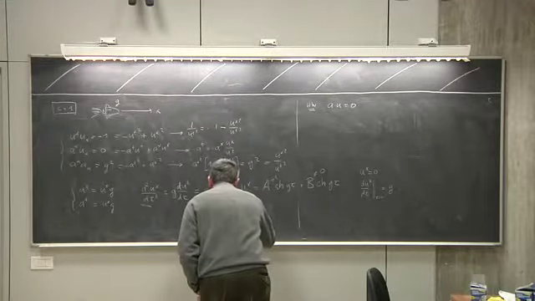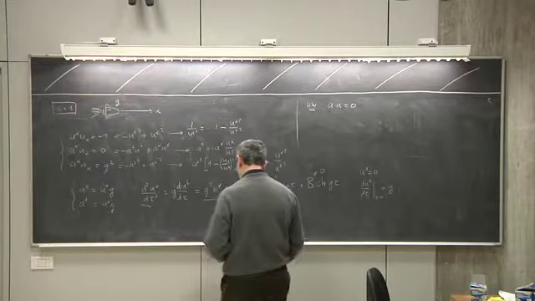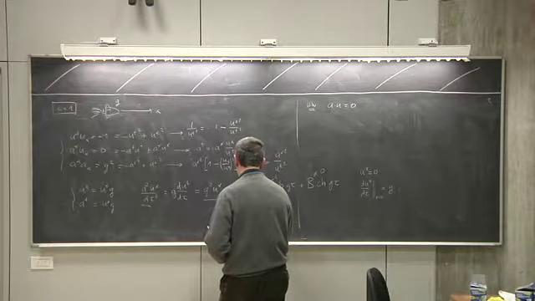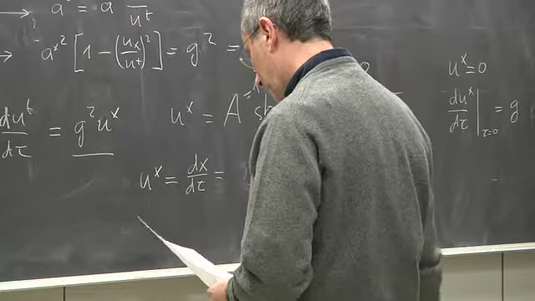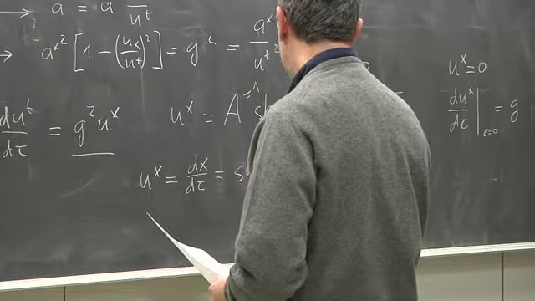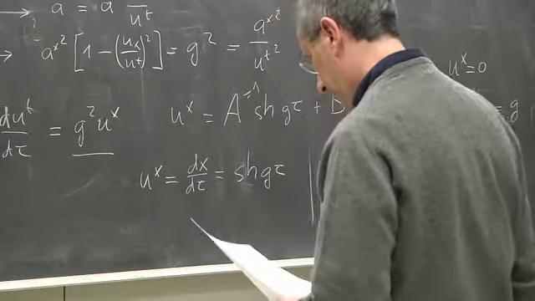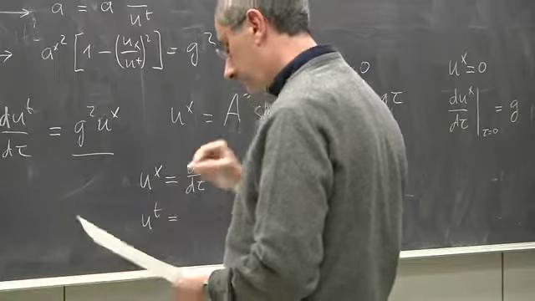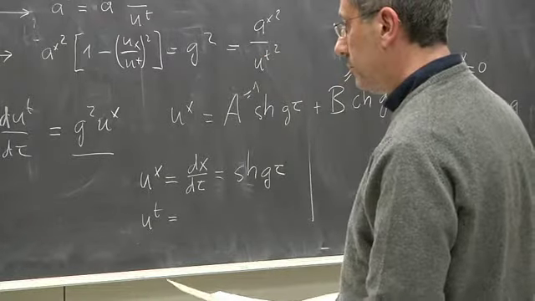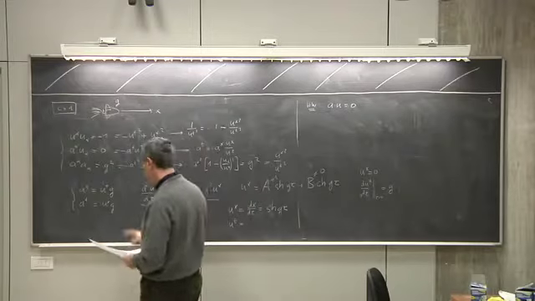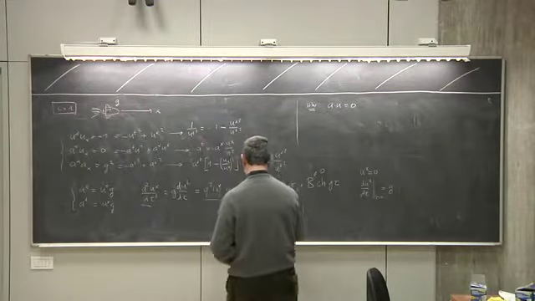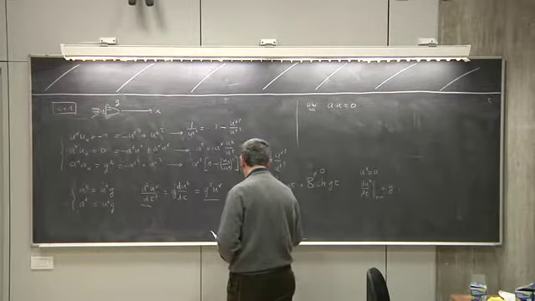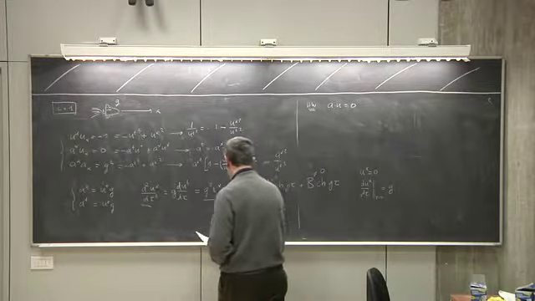The solution of this motion is that the space-like component of your four-velocity, that is the derivative of the position with respect to the proper time, is the sinh. And the t component, the other component, is just dt d tau, so it's the hyperbolic cosine.